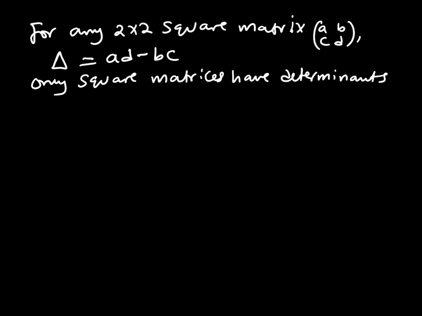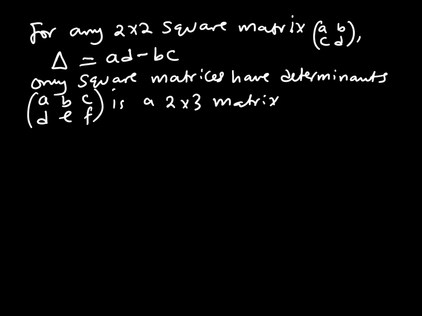Then something important: only square matrices have determinants. What do we mean? If you have A, B, C, D, E, F, which is a 2 by 3 matrix, this implies no determinant.